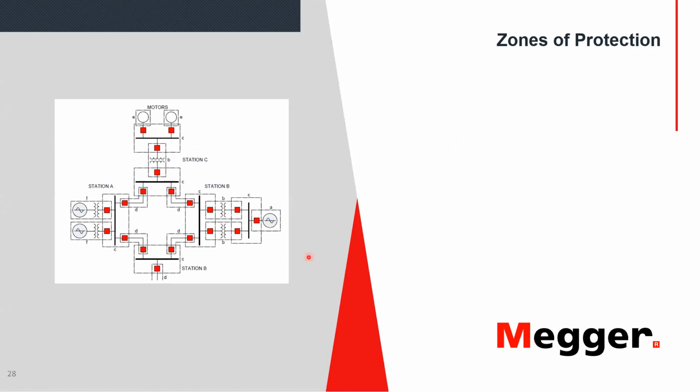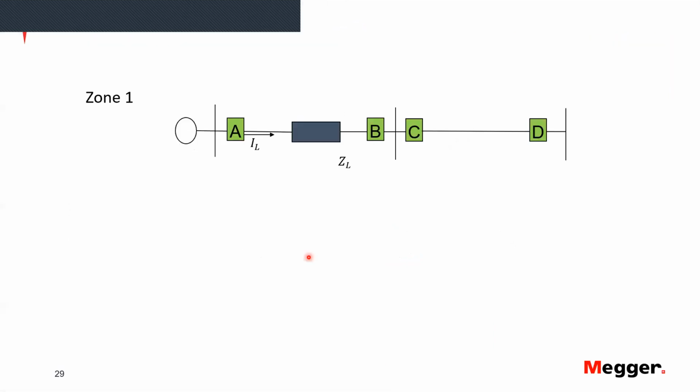Now, with that security factor comes the concept of the zone of protection. What are zones of protection? Since we have the errors that we just mentioned, we design this system so that the main, the critical, the fastest protection trips, but only at 80 to 90% of the total length of the line.